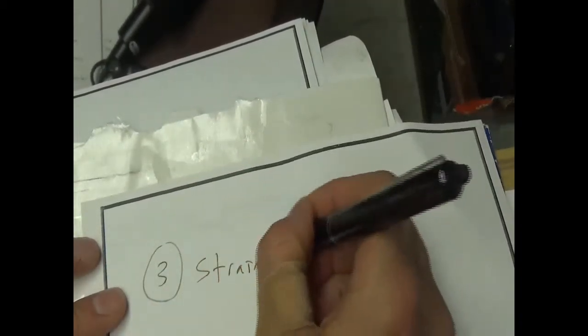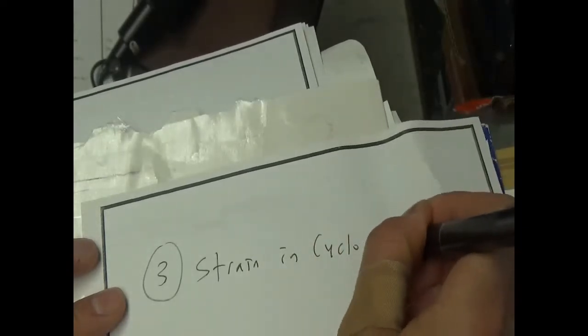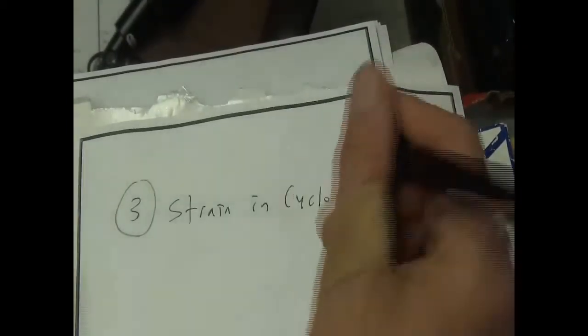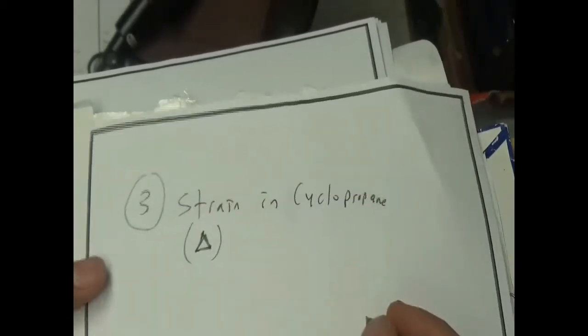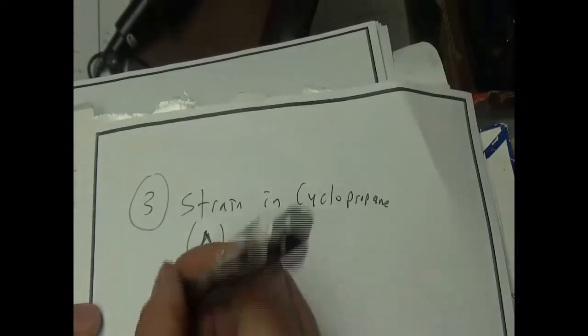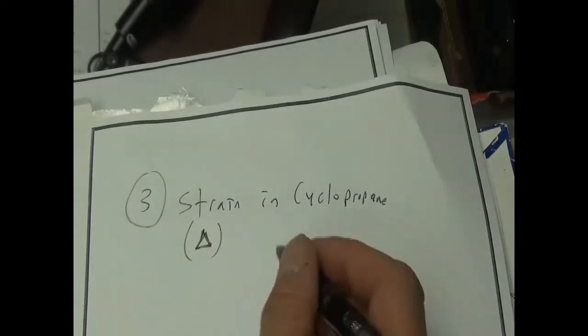Okay, so let's talk about number 3 now, which is the strain in cyclopropane. The little triangle thing. So what was the number per CH2?